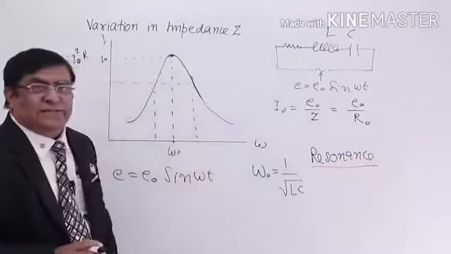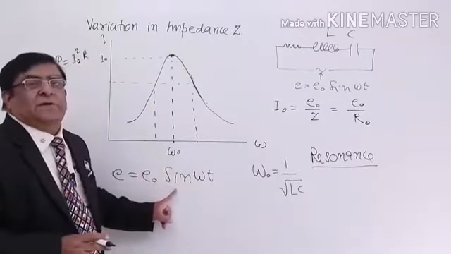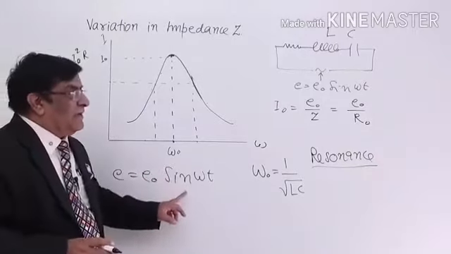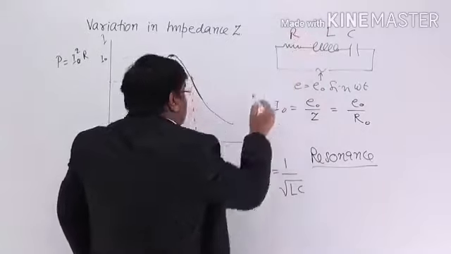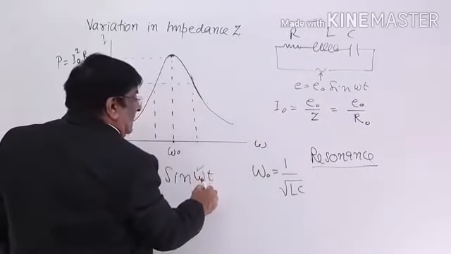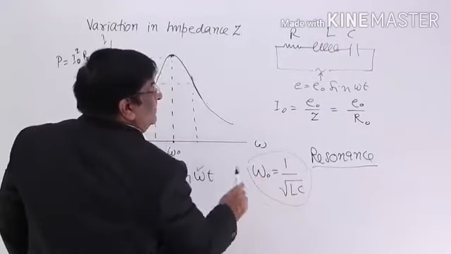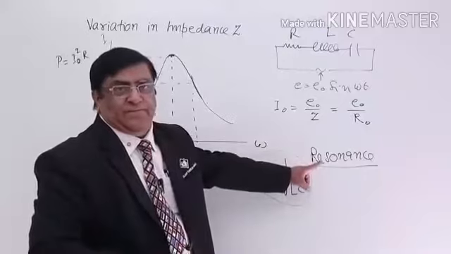Again, what is resonance? When we apply such an AC supply to the LCR circuit which has frequency equal to the natural frequency of the circuit, then this situation is known as resonance.